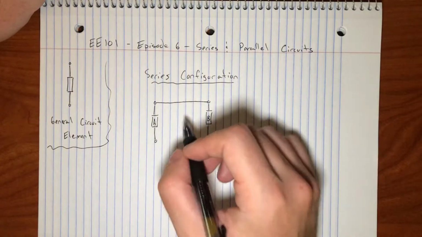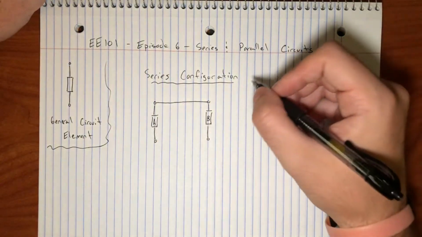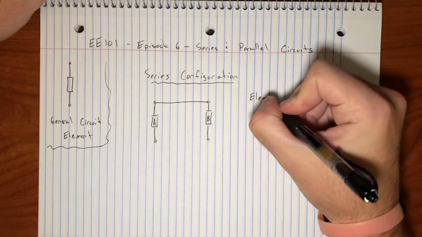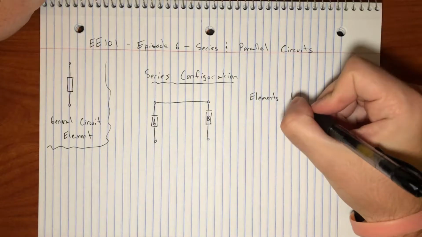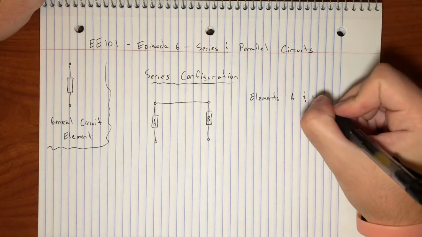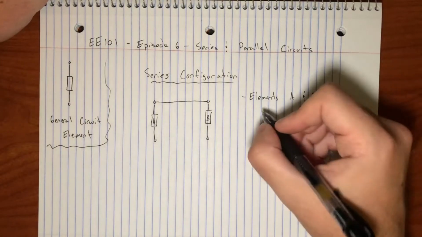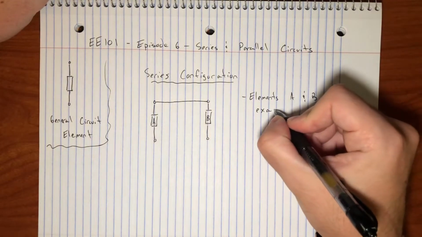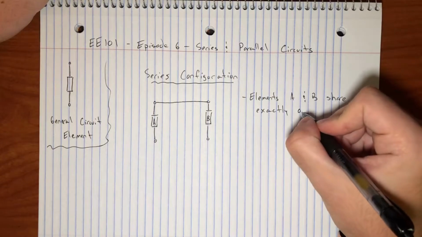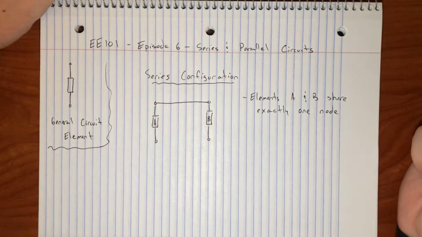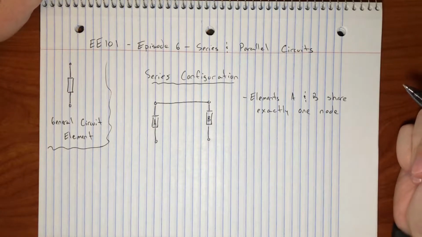So element A and B share exactly one node. So let's say this: elements A and B share exactly one node.